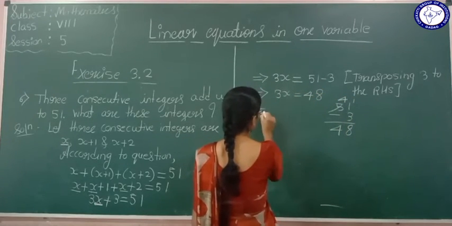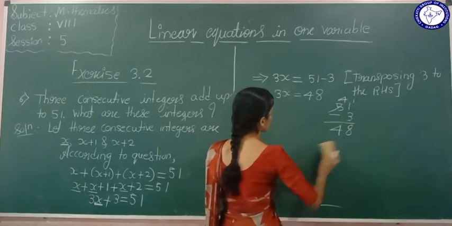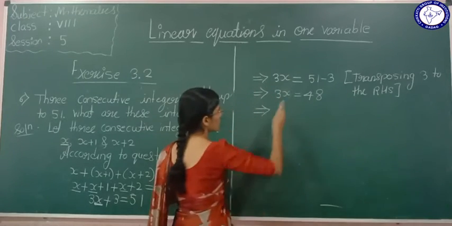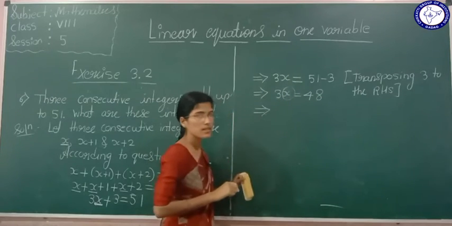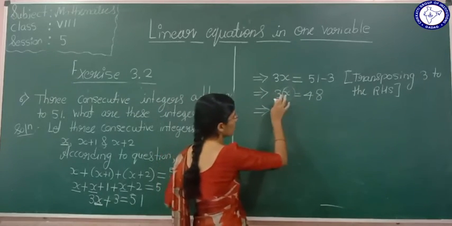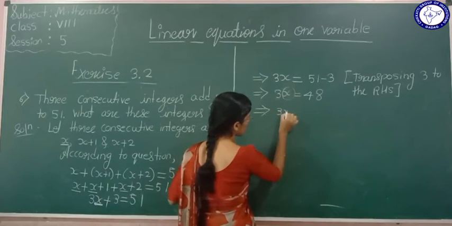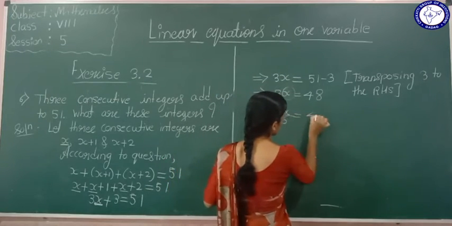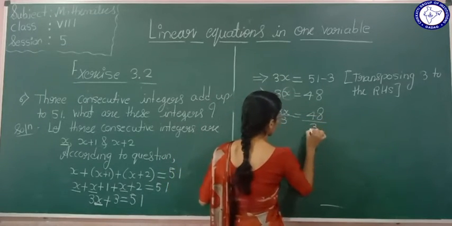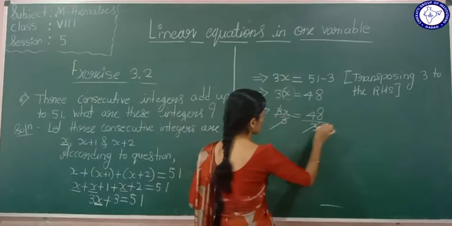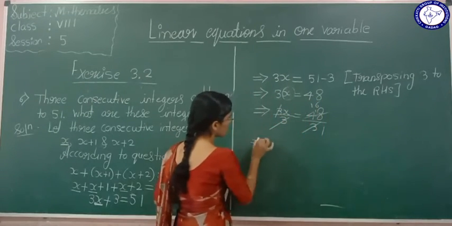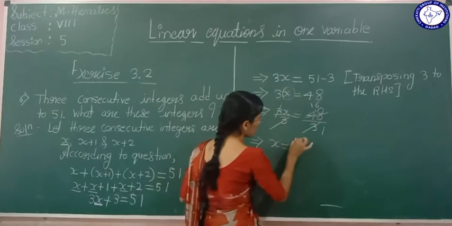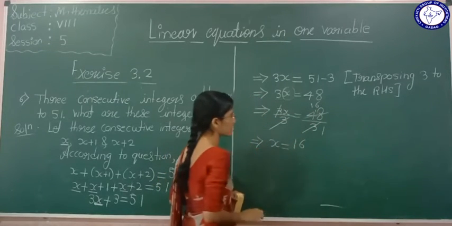So this implies we want to know the value of x here. Yes, we want to know the value of x. What we will do? We will divide both sides by 3 to eliminate this 3. So dividing both sides by 3. 3 will get cancelled. 3 ones are 3, 3 sixes are 18. Here 1 will remain. This implies x is equal to 16.